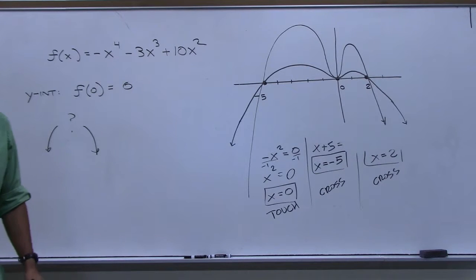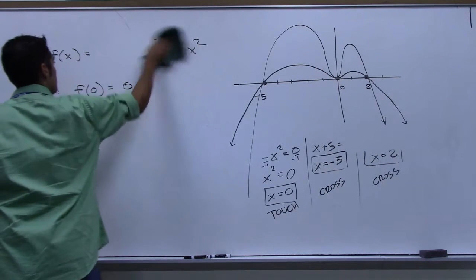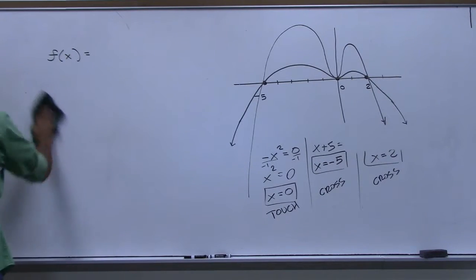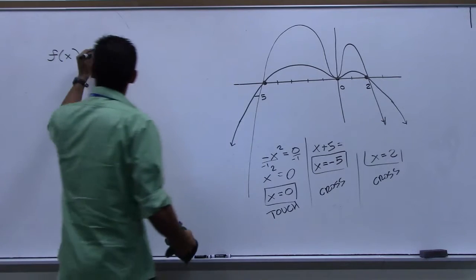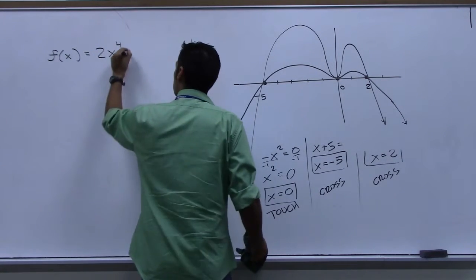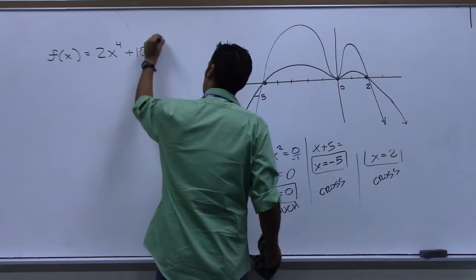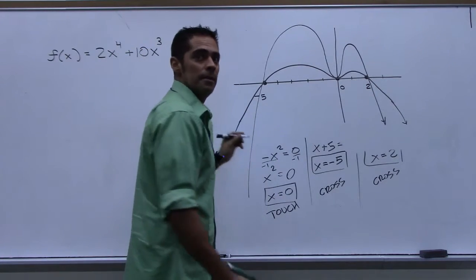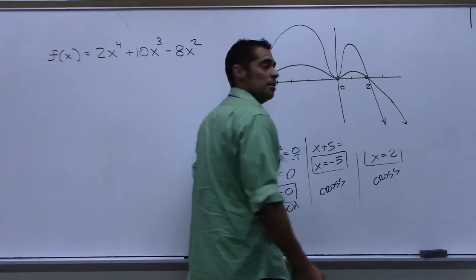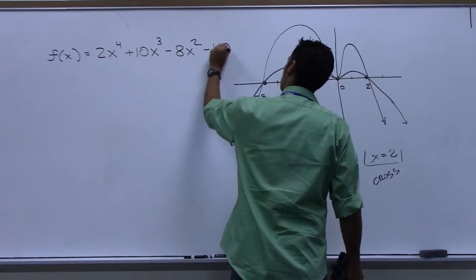Okay, all right, so let's look at the last one here, see how we're going to factor this one. 2x to the 4th plus 10x cubed minus 8x squared minus 40x.